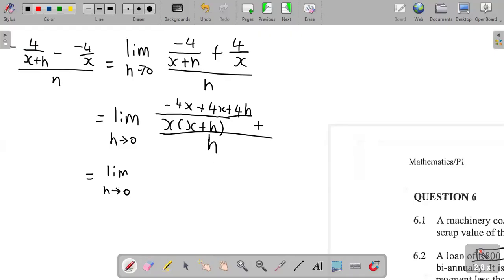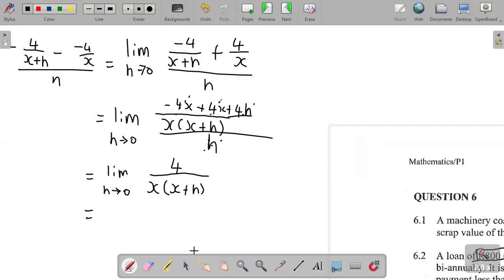And then if we divide by h, so this will cancel out, negative 4 plus 4. And then if we divide by h, then we get x plus h, okay? And then we get 4 on top, okay? This h will cancel the other h there, right? Because it's division.